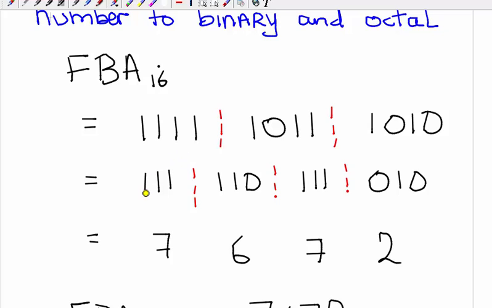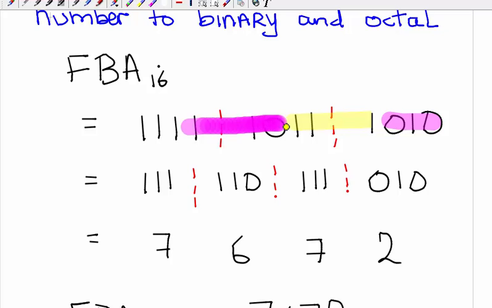They are in groups of 4, so we split them into groups of 3, starting from the right hand side. 010 is this group here, then 111, then 110. Sorry, I made a mess of that.